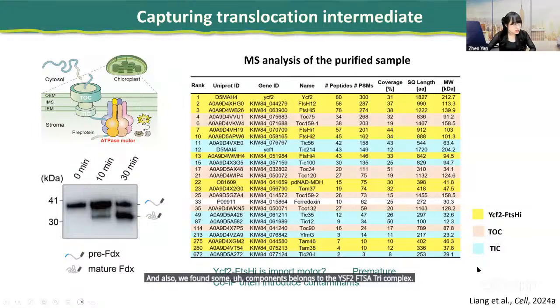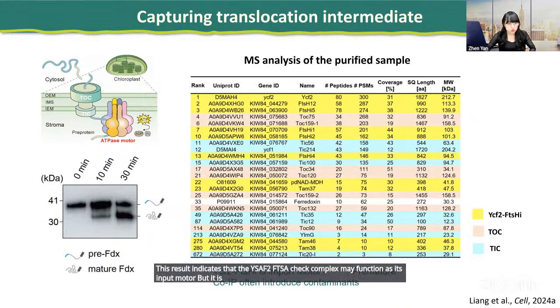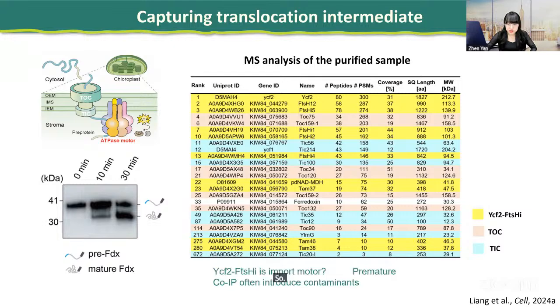This result indicates that the YCF2-FtsHi complex may function as this import motor, but it is still premature to draw this conclusion, since it is known that co-IP often introduces contaminants through non-specific binding. So we still need structural investigation.